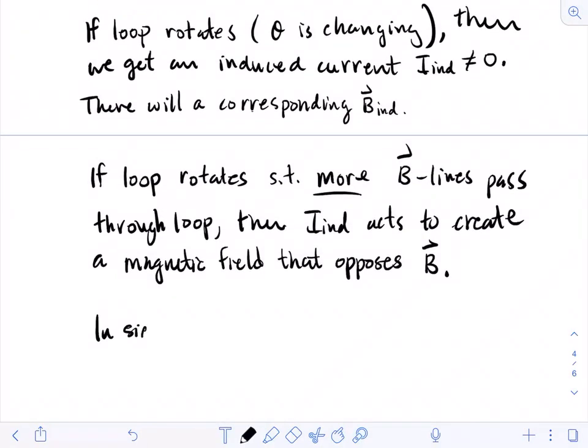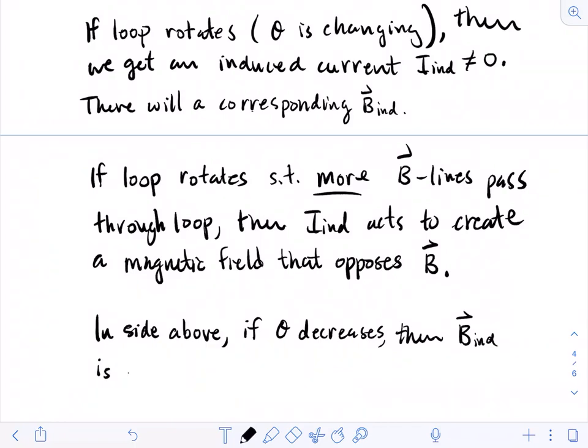So in the side view above, if theta decreases, then B induced is opposite of B.